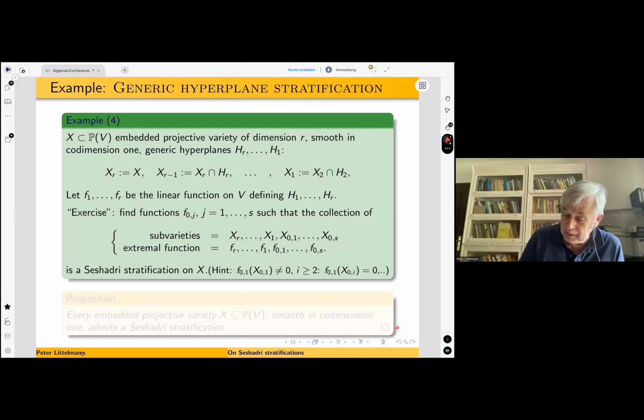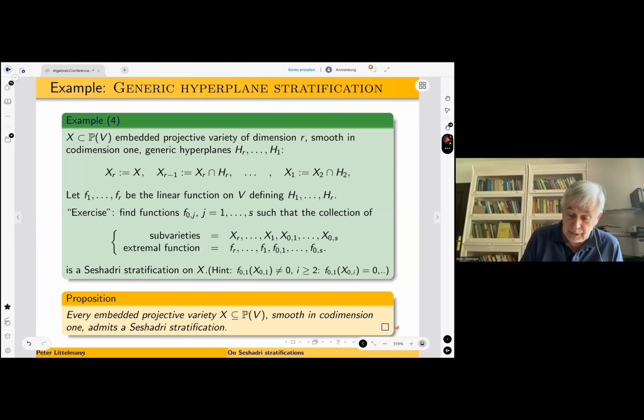They just mean I have to find a function, let's call it f_01, which does not vanish in the point x_01 but vanishes in all other points. I have to do the same for x_02: find a function which does not vanish there, but vanishes in all other points. And this gives me then a Seshadri stratification.